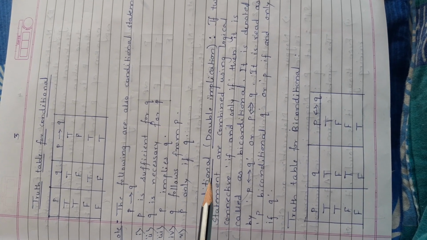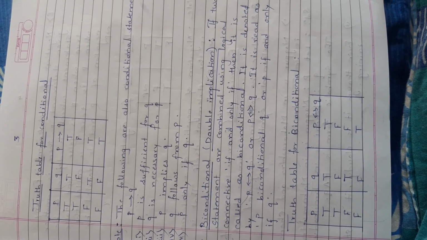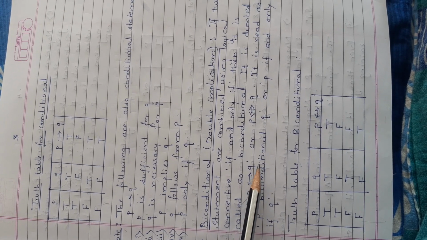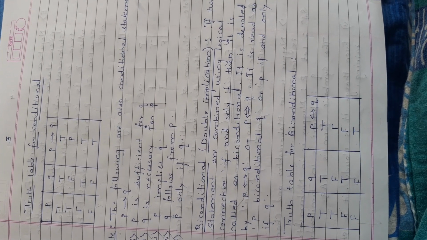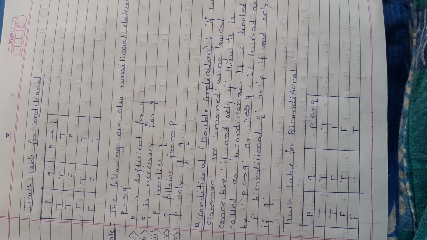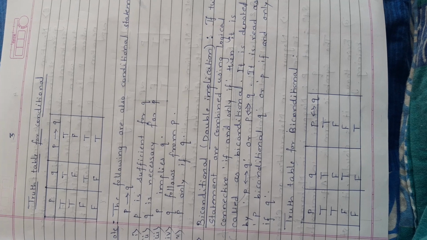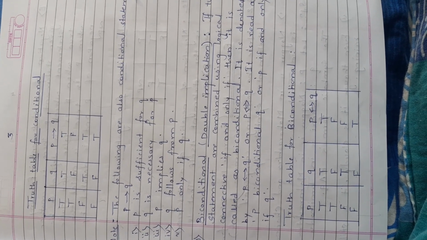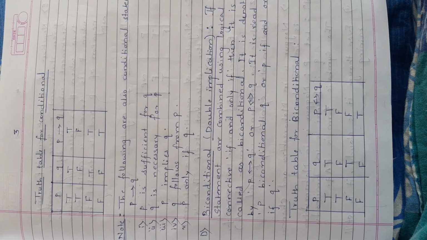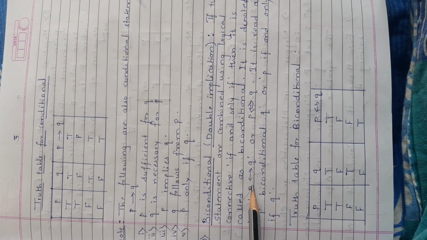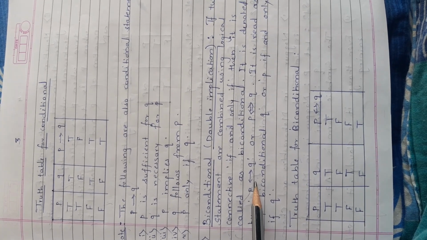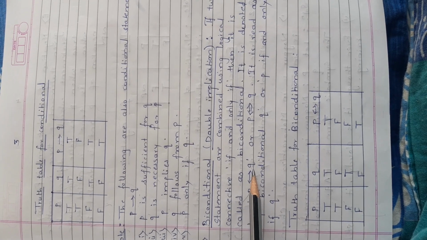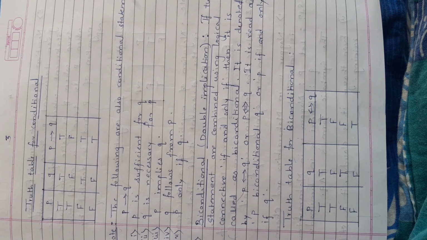If two statements are combined using the logical connective if and only if, then it is called biconditional, and it is denoted by P, this type of arrow, Q. It is read as P biconditional Q, or P if and only if Q.